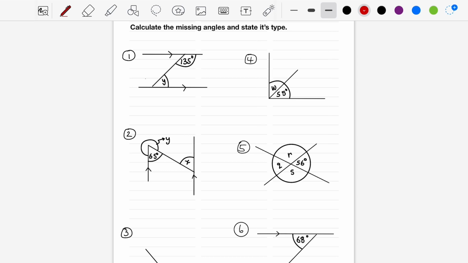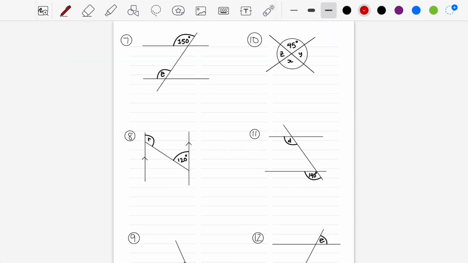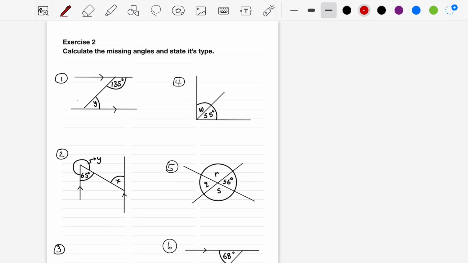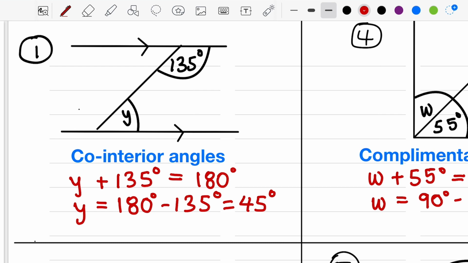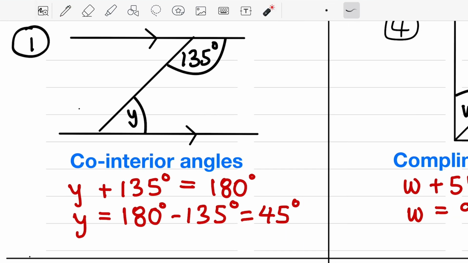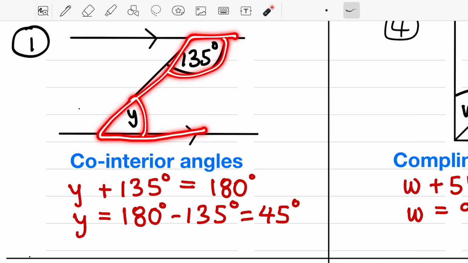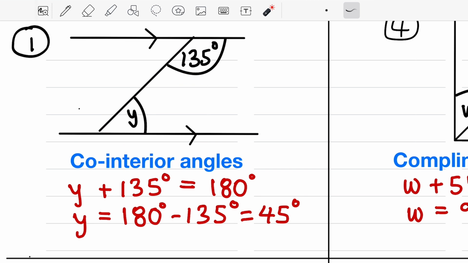All right, good. Let's continue. For practice, you can write the rules down as you utilize them. So y plus 135 will give you 180. So y is equal to 180 take away 135, which is 45 degrees.